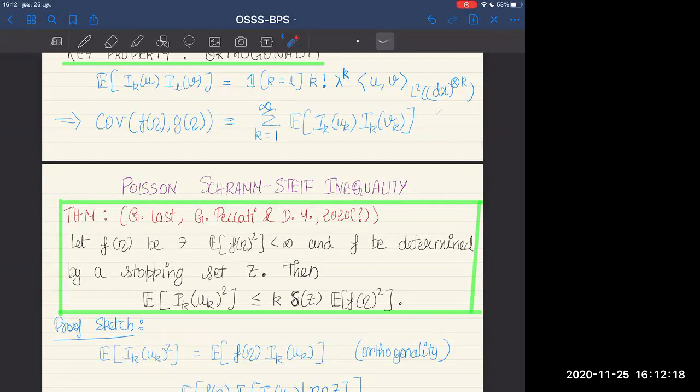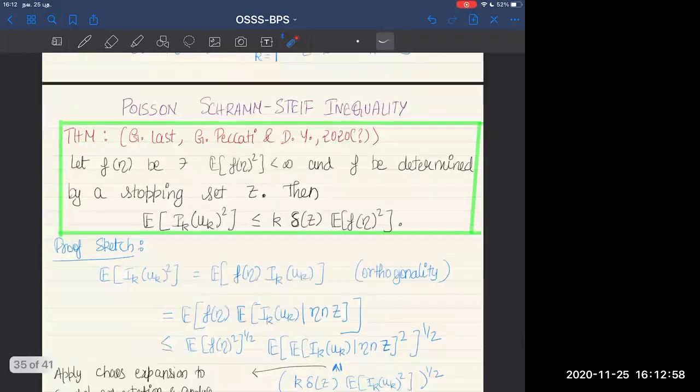I still find it a puzzle and a mystery, a complete piece of magic, that I'm looking at Ito kernels in the chaos expansion, and you can bound the squares by k times delta Z times the expectation of f of eta squared. So by coming up with a smart algorithm and a smart stopping set, you are able to control the squares of the multiple Wiener-Ito integrals. This is somehow a piece of magic, the original Schramm-Steif inequality.